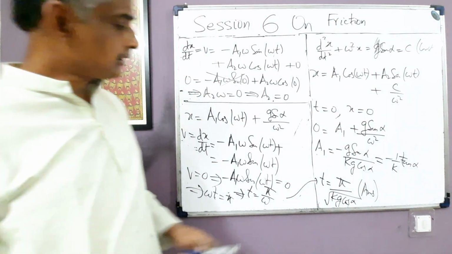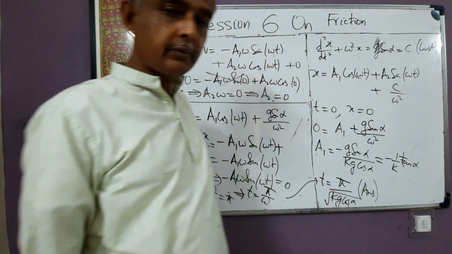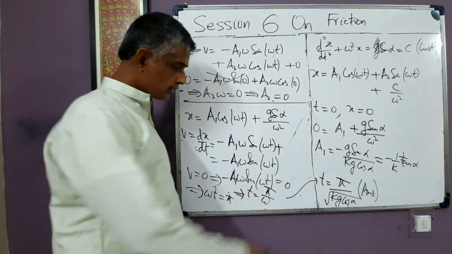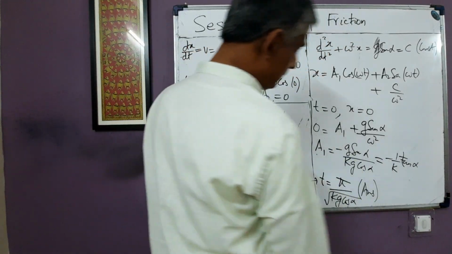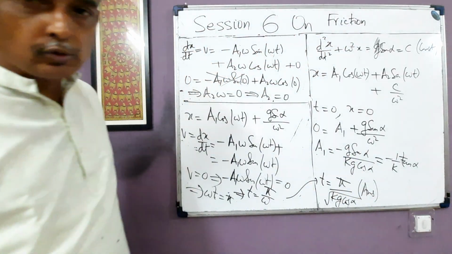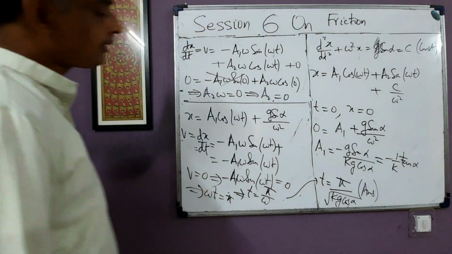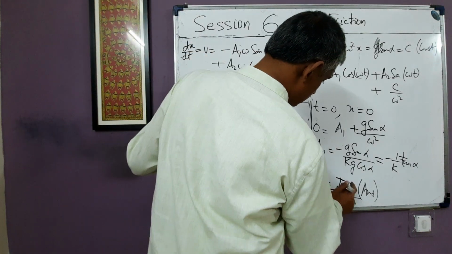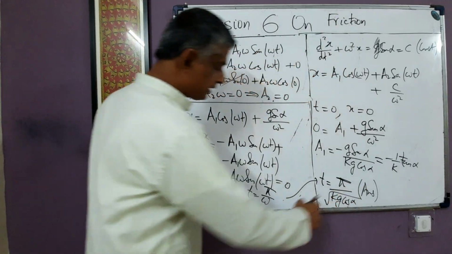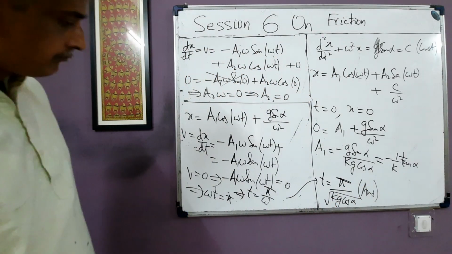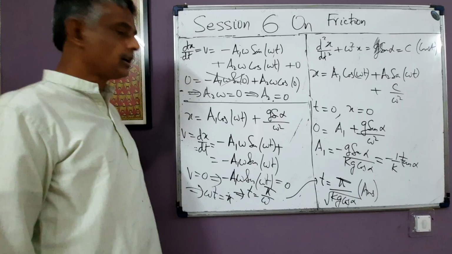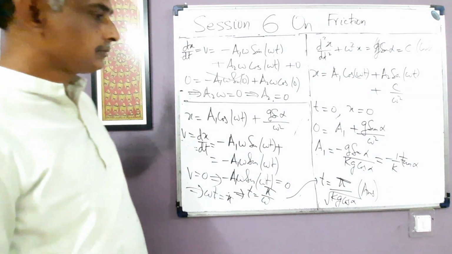The block will come to rest permanently after this much time, after it starts from rest. So at t equal to pi by root kg cos alpha, the block permanently comes to rest. I hope it is fine. Pi by root under what? Kg cos alpha. I hope it is clear.